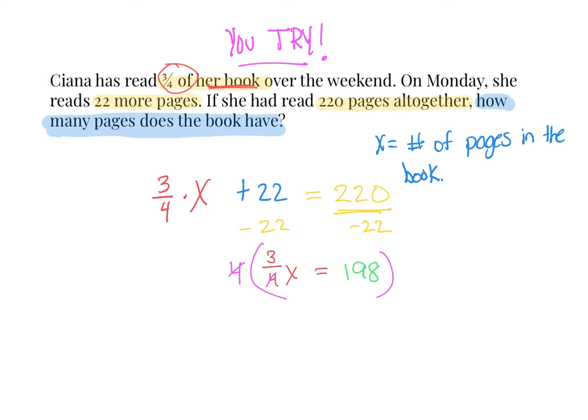When you do this, you end up with 3x equal to, don't forget to distribute, 198 times 4, which is equal to 792. And now we will do inverse operations, so divide. So x is equal to 264.